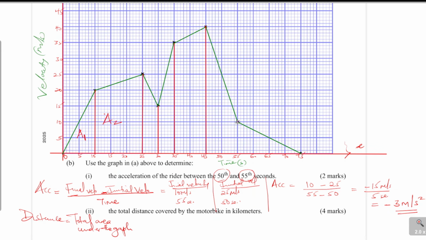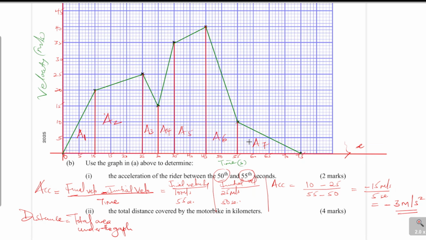Then from there we have this one like that. So this one will be area 3, this one area 4, this one area 5, this one area 6, and this one area 7.